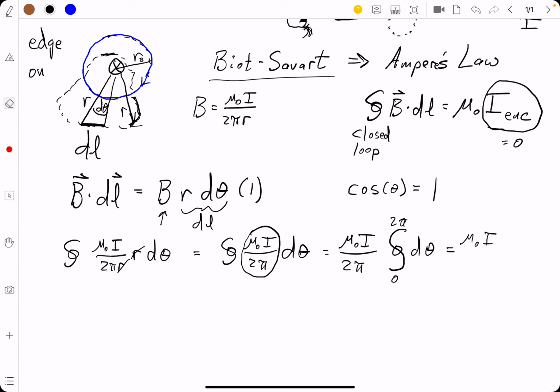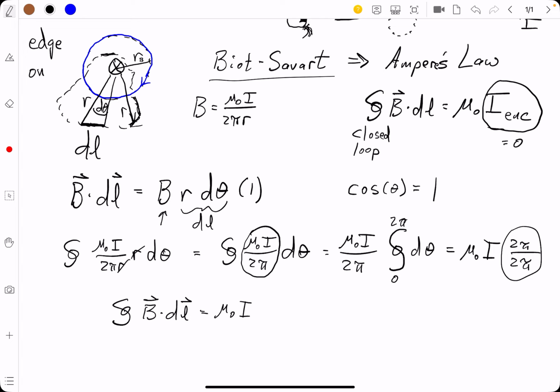In fact, I don't like writing it like that. I'm going to do it a better way. We're going to get mu naught I over 2 pi times the integral over 2 pi from our B field. And obviously this is going to go away, and we're left with this: the closed loop integral of B dot dl equals mu naught I. And it doesn't matter what our closed loop was, as long as our closed loop contained some enclosed current.